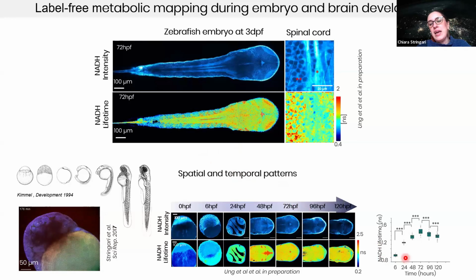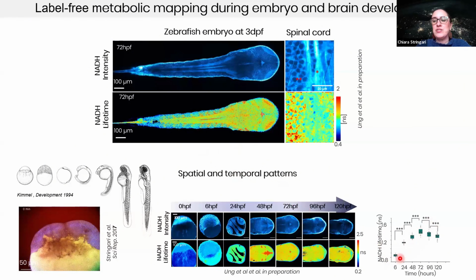And then we see a very big increase of lifetime of NADH, which shows an increase of OXPHOS and a decrease of glycolysis during development. So in the current work, we are focusing on dopaminergic neurons in the zebrafish in vivo.